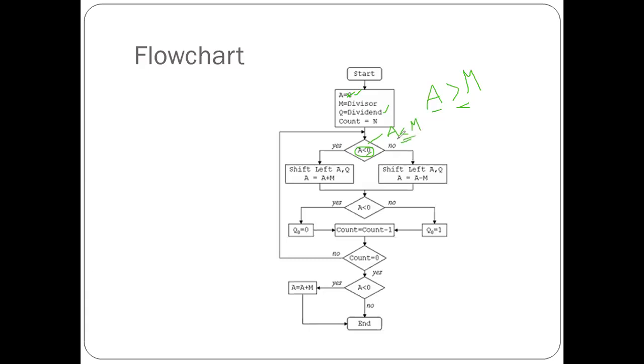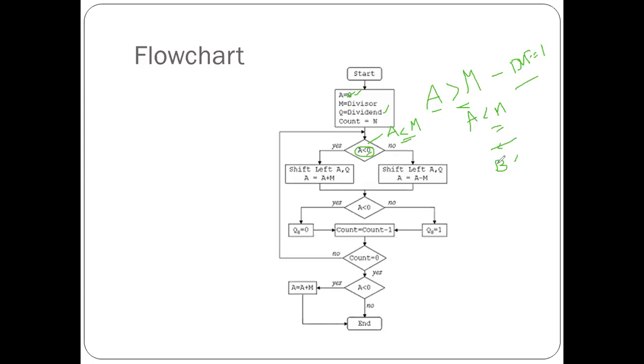Okay. Initially, if A is greater than M, we will make our division overflow flag 1 and we stop the loop. Okay. So if A is less than M, then only we shift left and then subtract B, nothing but your M. Right.